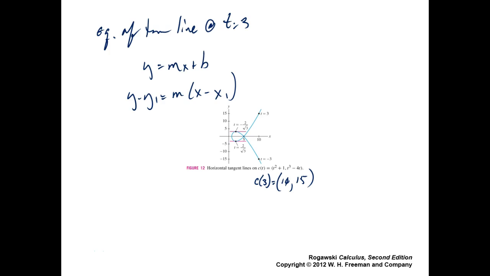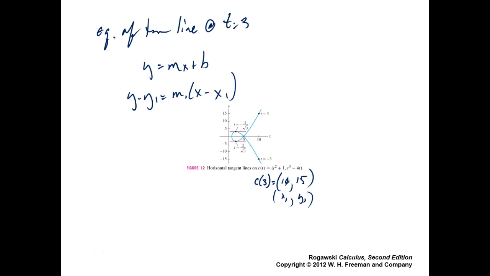Yeah, because it's 27 minus 12. So there's our point. This is our x1, this is our y1. So we have a point. What we also need is m at that point. We'll call that m1.